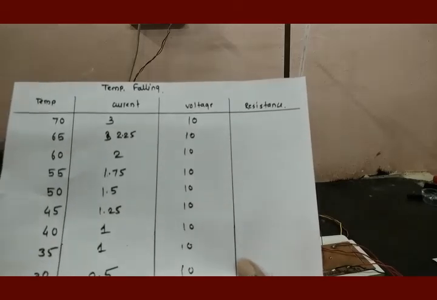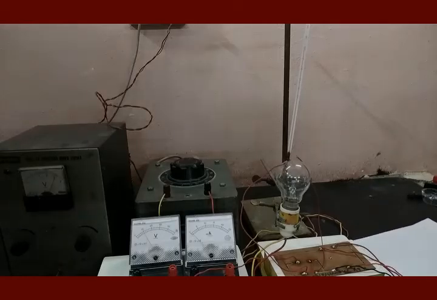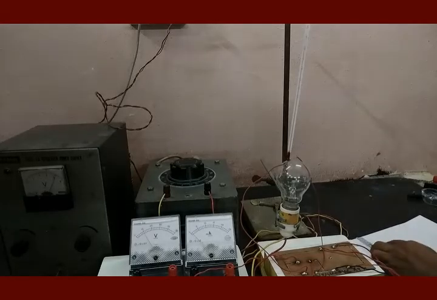This way complete both the tables, the observation table for rising of temperature and the observation table for falling of temperature. We will get the same readings, only the way will be different. In rising, the current is also rising. In falling of temperature, the current is also falling with the temperature.